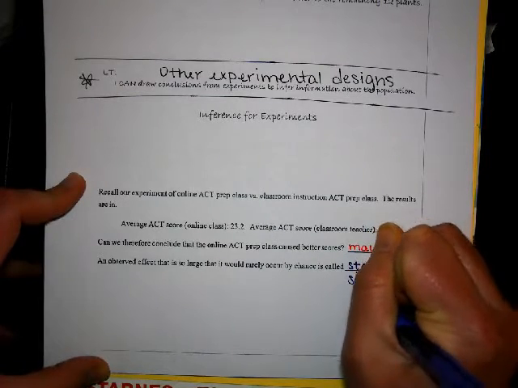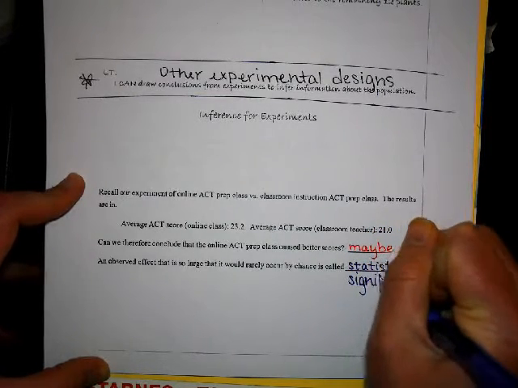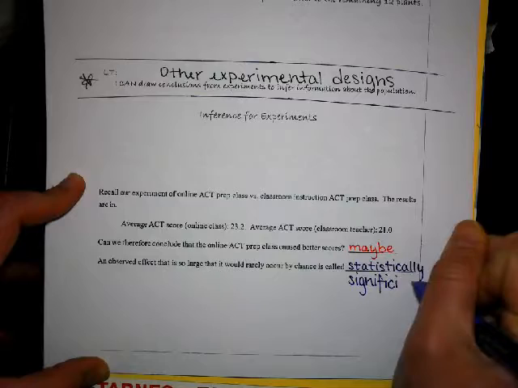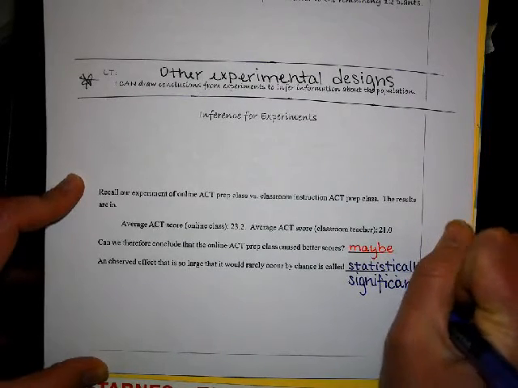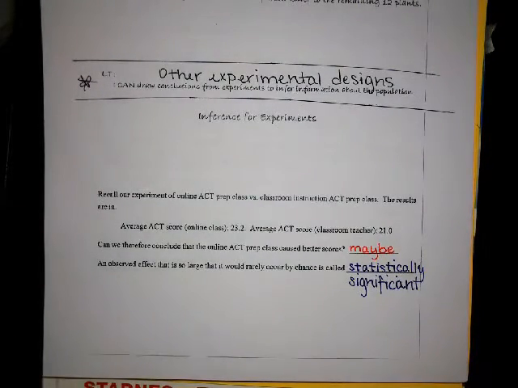So we're going to look at why we can only say maybe the online prep class caused better scores. And we're going to talk about how we can improve the design of that experiment to account for those different variables.